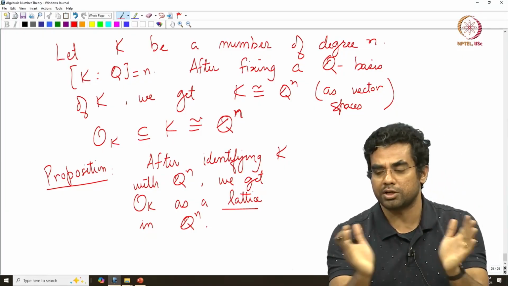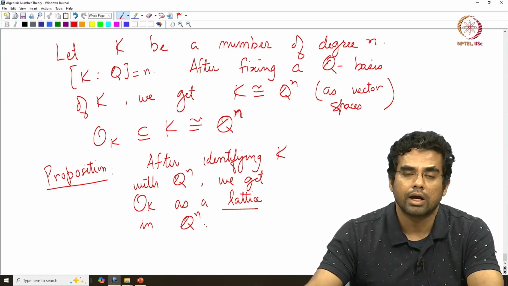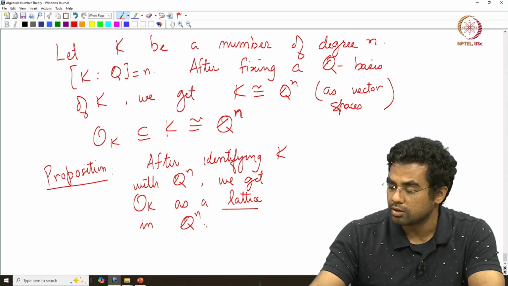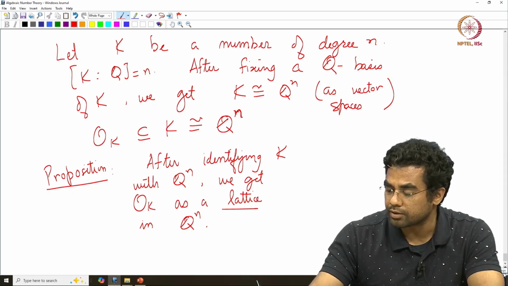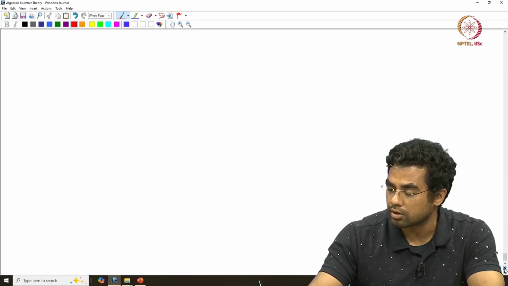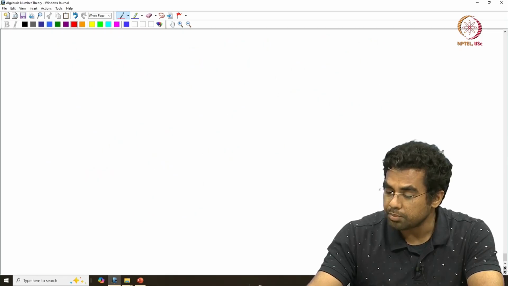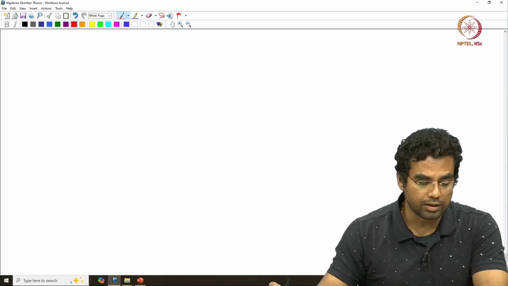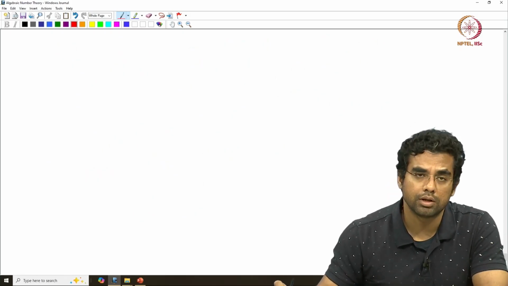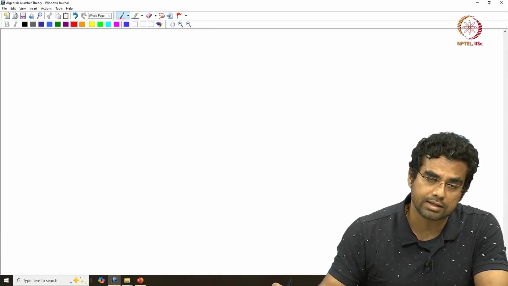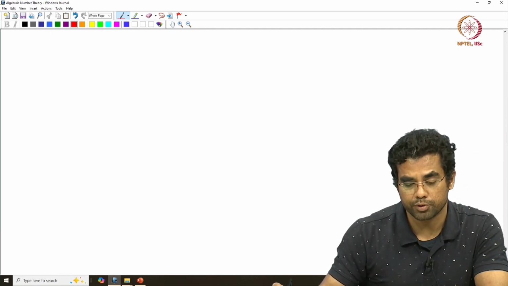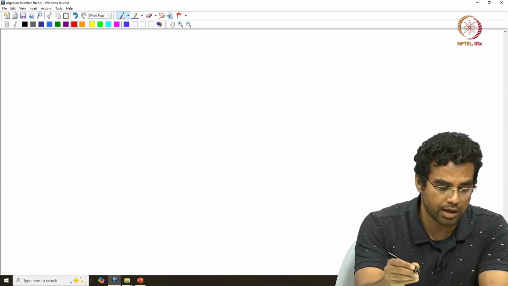So, it is something like this, but the shape may be more complicated, and we will come to the description of the shape in due time. Okay. So, let me tell you first about norm, and then I will tell you about lattices, and then we will prove this proposition. So, this will take some time.